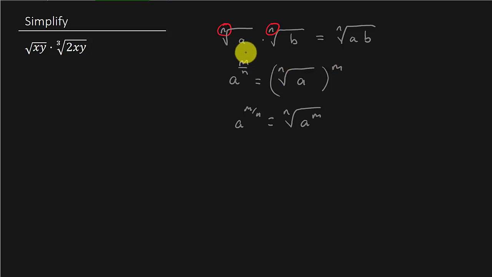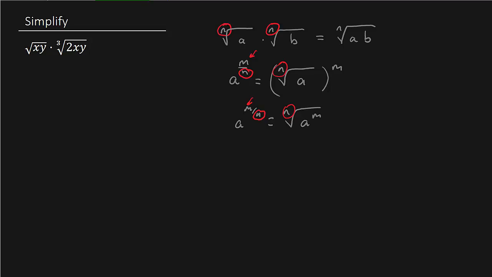So it doesn't matter. Notice the denominator of the fraction, that's the index, okay? And then the numerator is what it's raised to. So you can raise the entire radical to that power, or you can raise the number underneath to that power.